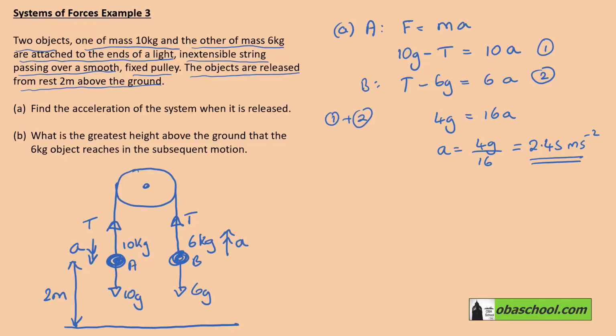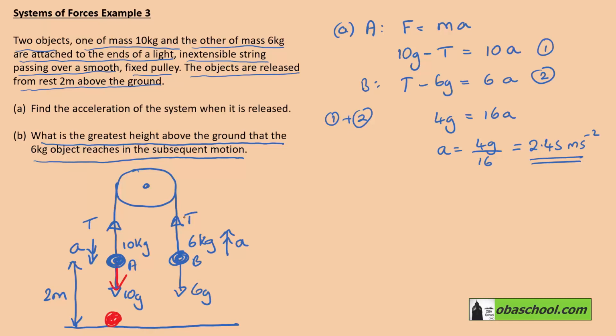Now we're asked, what is the greatest height above the ground that the 6 kilogram object reaches in the subsequent motion? So let's think about the subsequent motion. This one's going to shoot down until it hits the ground.